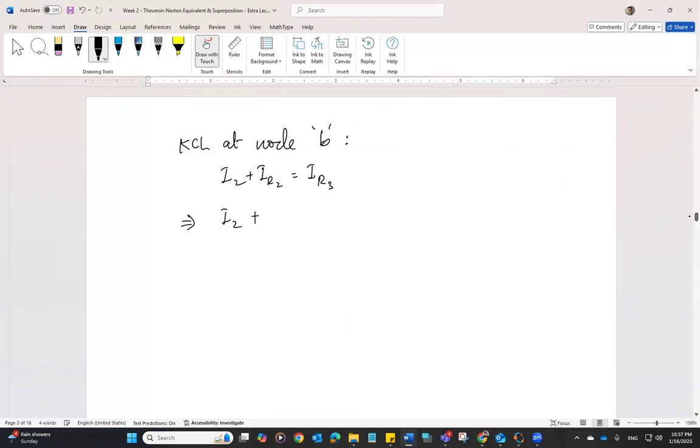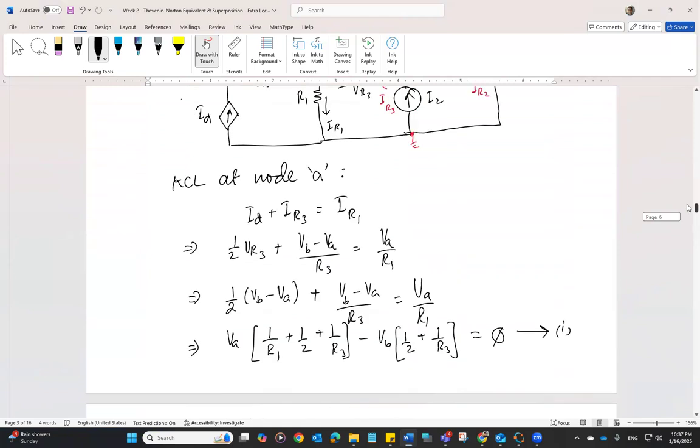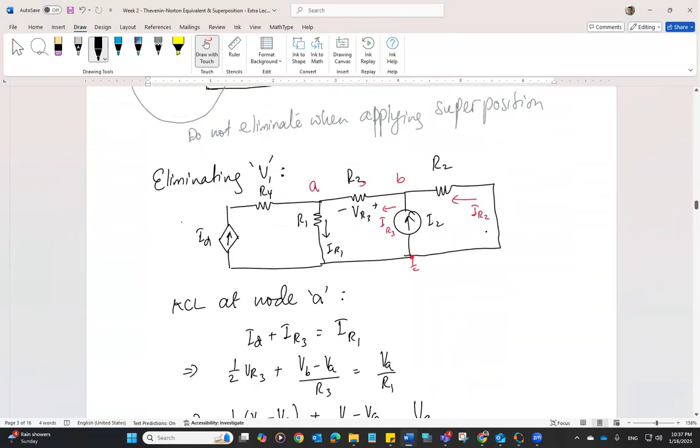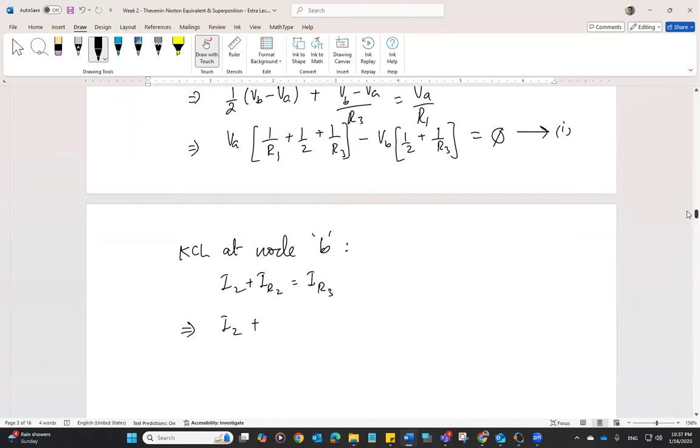IR2 is simply 0 minus VB, so negative VB over R2. And IR3 is VB minus VA over R3.